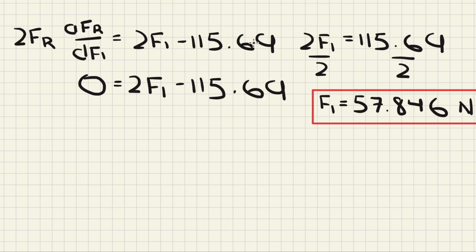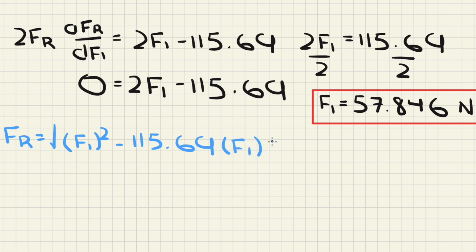So now that we have our F1, we can plug back in our F1 to get our resultant force. So our resultant force equation was F1 squared minus 115.69 F1 plus 147.6.